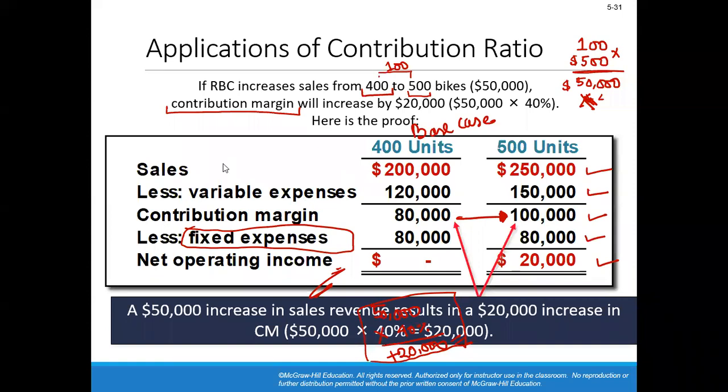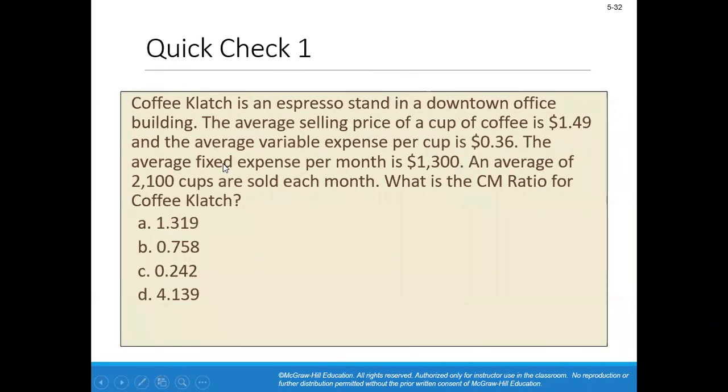Next, we would like to check your understanding with a quiz. Coffee Clutch is an espresso stand in a downtown office building. The average selling price of a cup of coffee is $1.49, and the average variable expense per cup is $0.36. The average fixed expense per month is $1,300, and an average of 2,100 cups are sold each month.